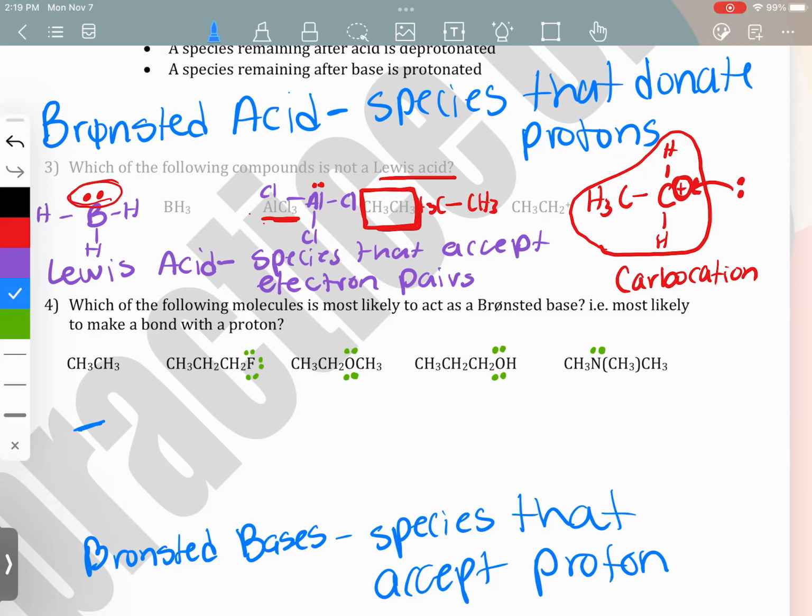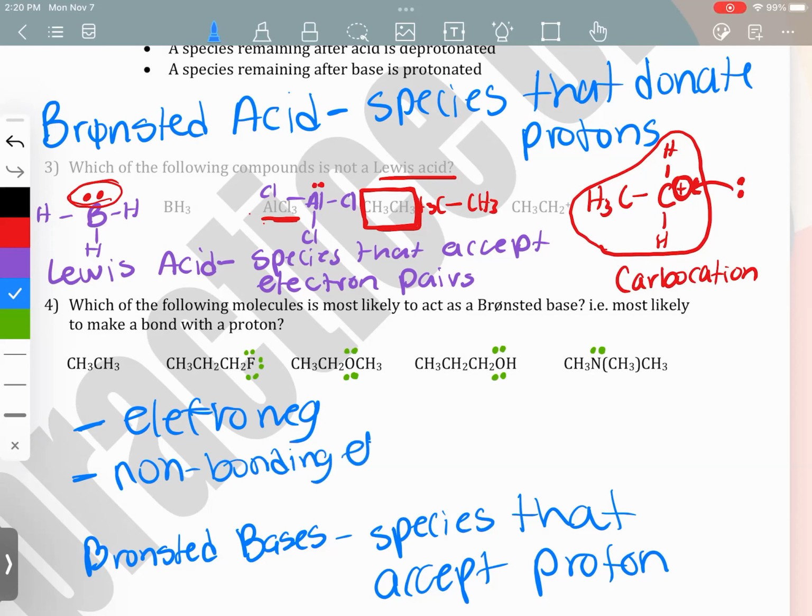So you do look at the electronegativity, because non-bonding lone pairs on the most electronegative atom are not going to be very reactive. Because, for instance, oxygen is very electronegative, so those lone pairs are not as reactive. So we do look at electronegativity, but the one thing you should pay attention to is the non-bonding electron energies.